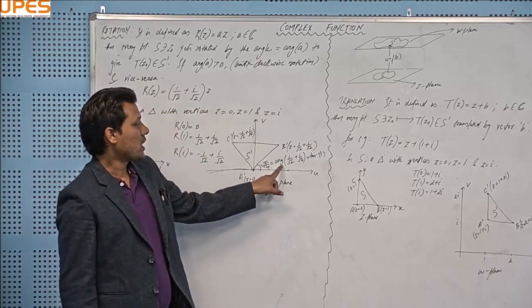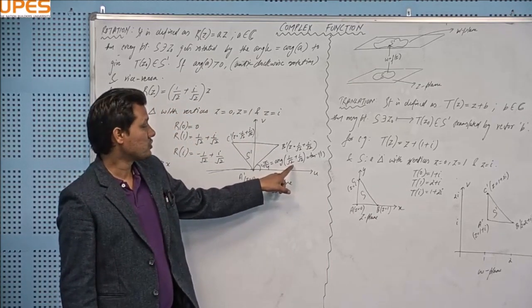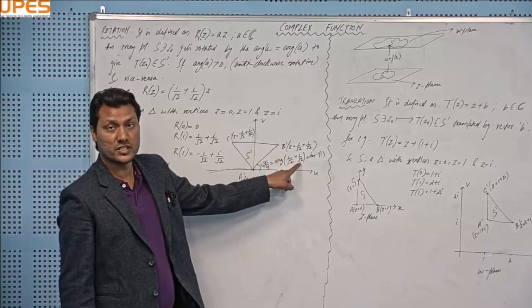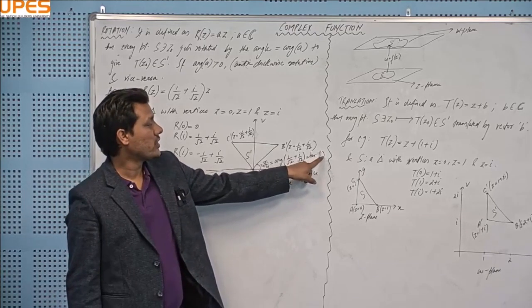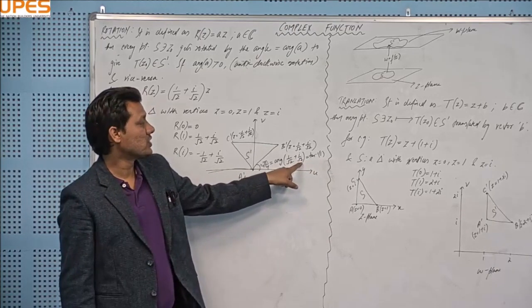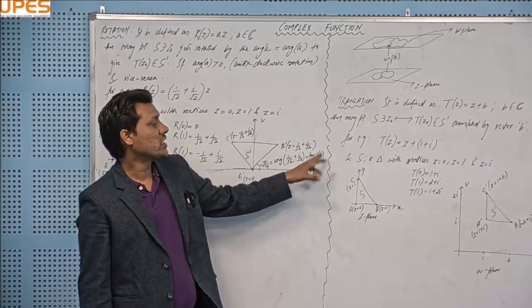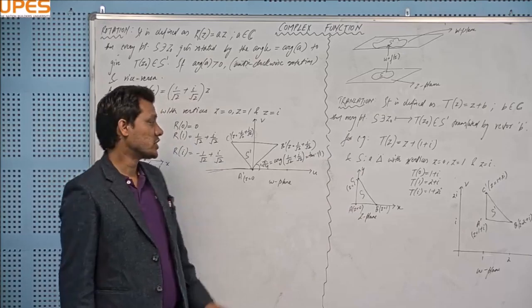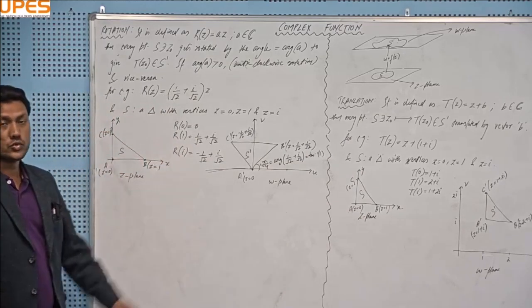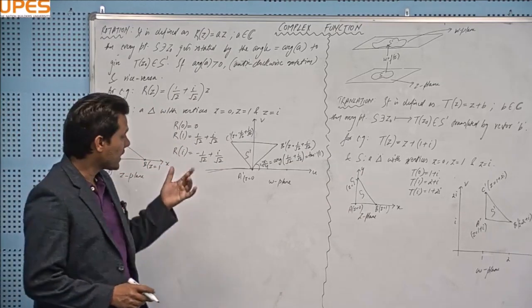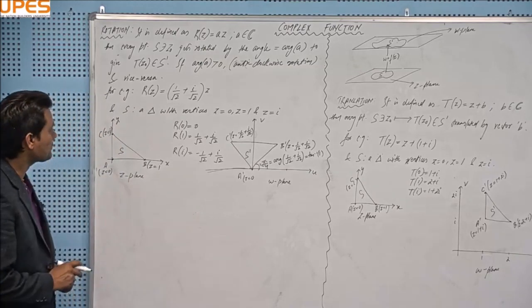Because the argument of a complex number x plus iota y is given by tan inverse y over x, and y is 1 by root 2 and x is 1 by root 2. So on cancellation it will give me tan inverse 1, and that is equal to pi by 4, and that's why the whole triangle gets rotated by the angle pi by 4 anti-clockwise, right?